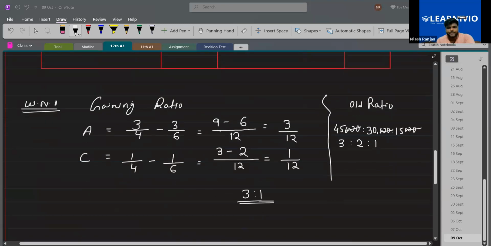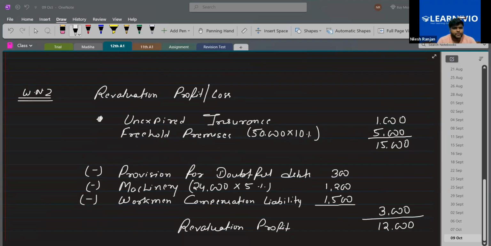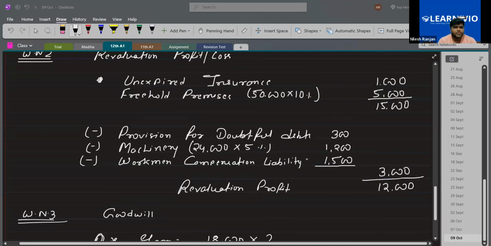After that, revaluation profit share. Revaluation profit share, actually we have to calculate. We have not calculated it.